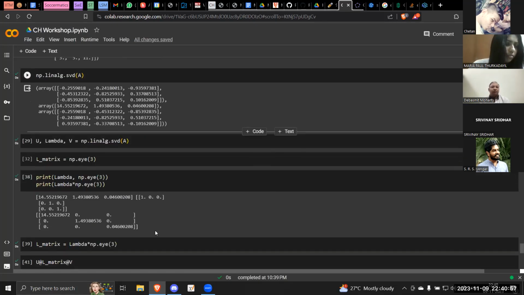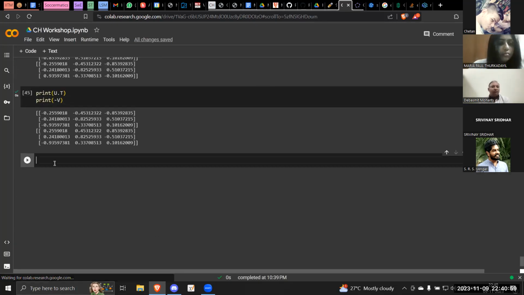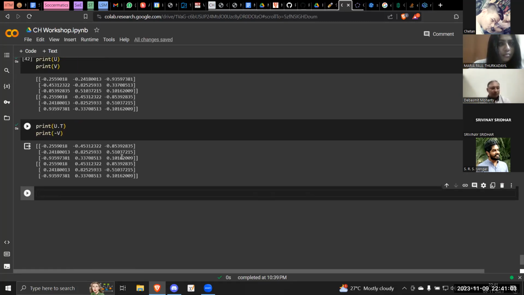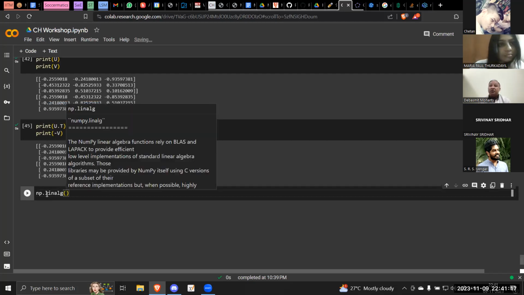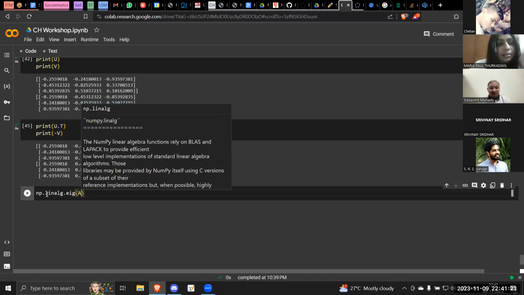So we can do one thing. Take the matrix A and find the eigenvectors of A times A transpose. A times A transpose, is it? Okay, correct. That will be a symmetric matrix.